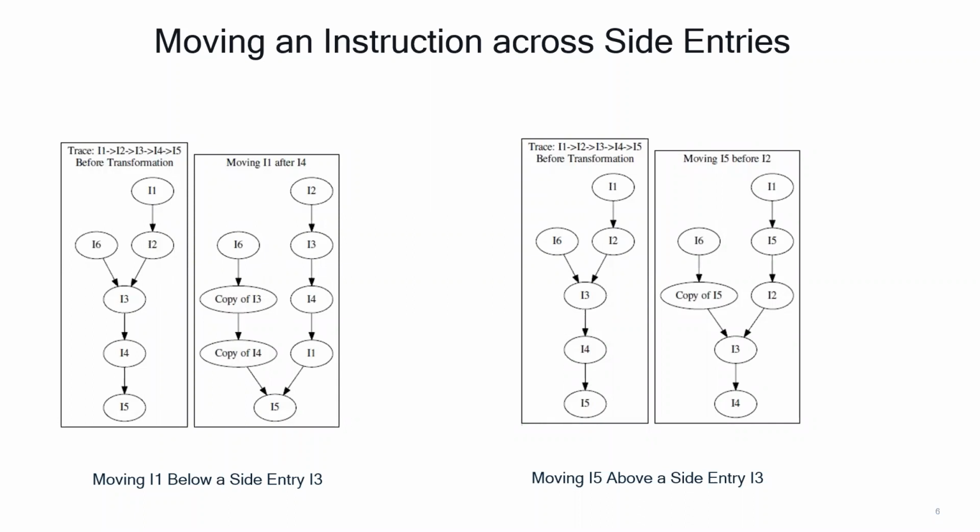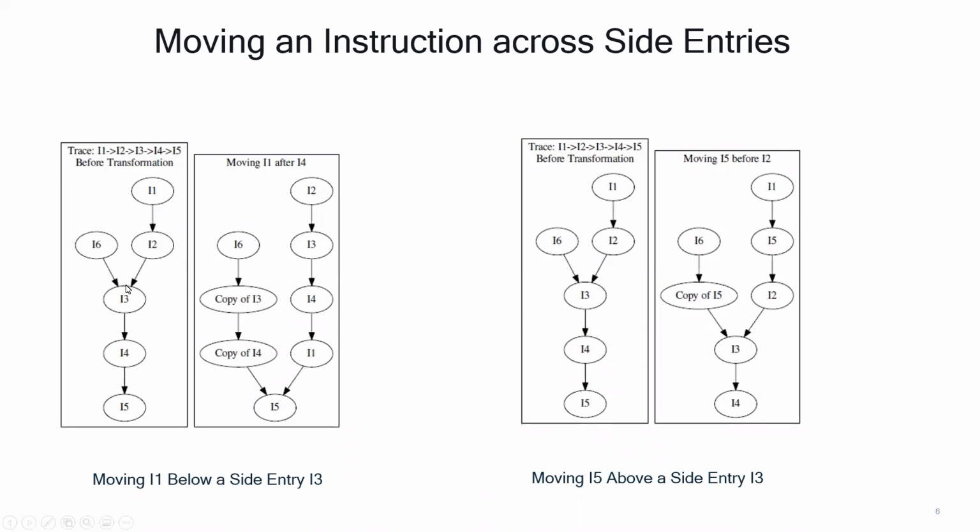But what we can see is that I3 is called a side entry of this trace, because we have a control flow coming into I3 from a non-trace path, that is from I6, which is not inside the trace.